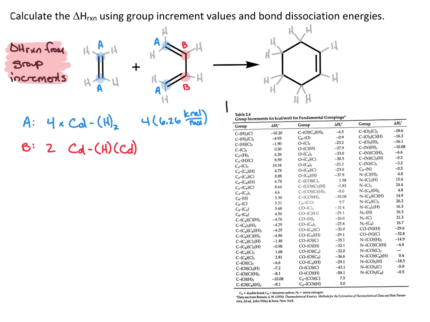So let's look down here. Here's CD bonded to a CD and an H. 6.78. Okay, so we can go ahead and add these up to get the heat of formation total for the reactants. I get 38.6 kcals per mole.